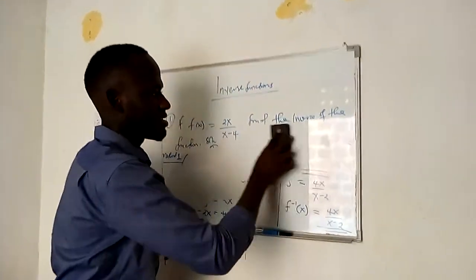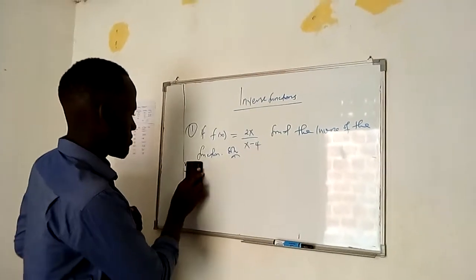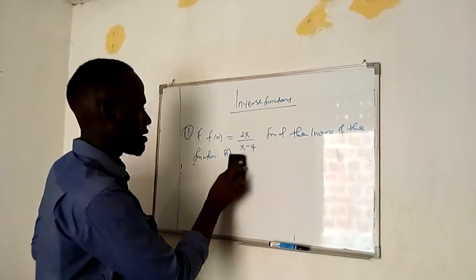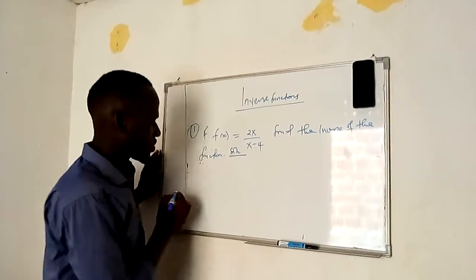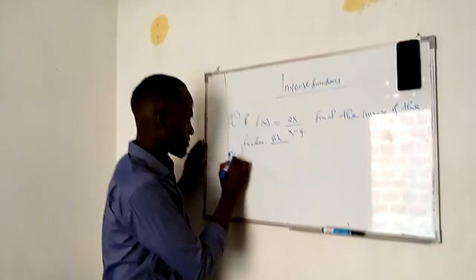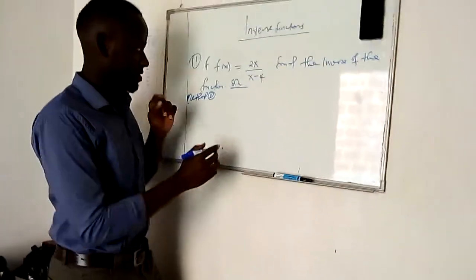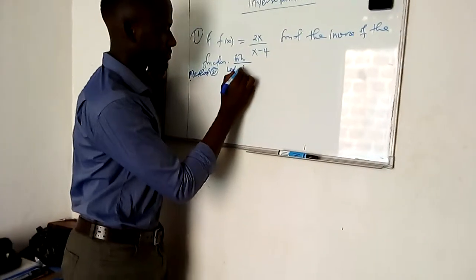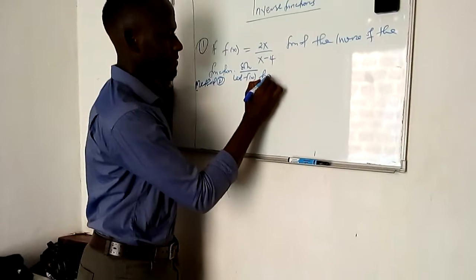So what is our method 2? Our method 2 is, we say let f of x be y.